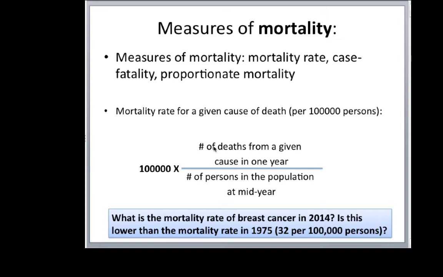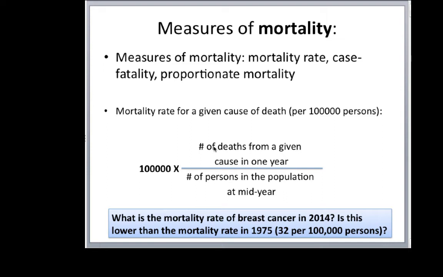All right. So we talked about calculating mortality rate as well. Very similar to calculating some of the other rates, except now we're talking about death. The mortality rate of breast cancer would be the number of deaths due to breast cancer divided by the number of people in that population.